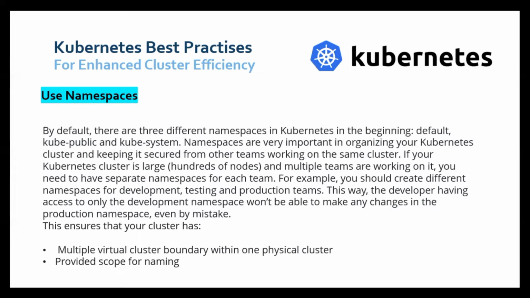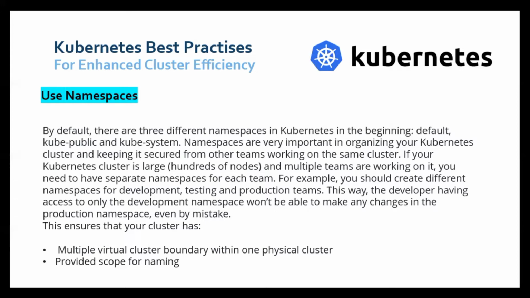So you can treat each namespace as a virtual cluster boundary, and it also provides you scope of naming as well. You can give a meaningful name to your namespace, like development, testing, and production. These will be the 3 environments running in the single cluster, but isolated because of namespaces.